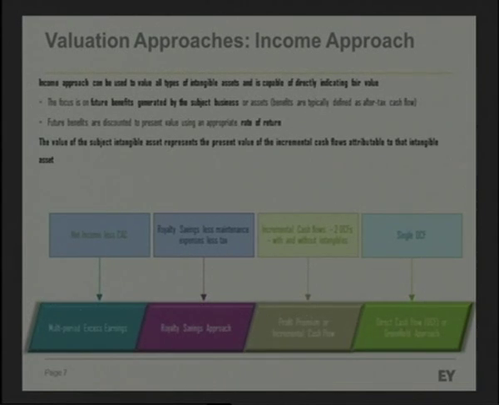Then comes the income approach. The entire income approach basically relies on the fact that there are future cash flows or future benefits that are attributable to the subject intellectual property rights. So it talks about exploitation of that IPR in future, and the projected period can be defined as a 5-year period or a 10-year period, and how you exploit that IPR in the long run in terms of cash flows.